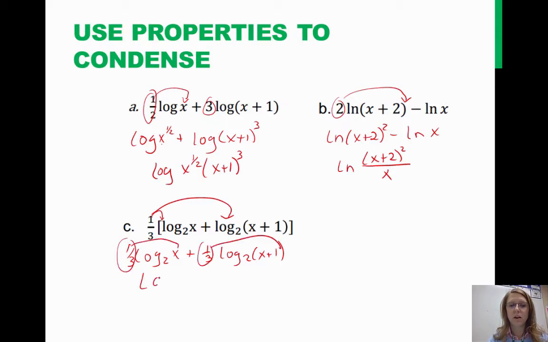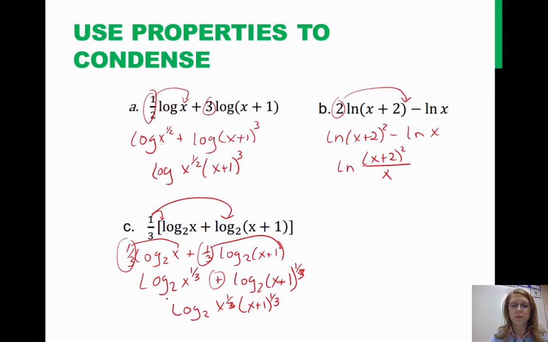So let's do that: log base 2 of x to the 1/3 plus log base 2 of x plus 1 to the 1/3. And because these are being added, I can multiply them. So it'll be log base 2 of x to the 1/3 times x plus 1 to the 1/3. So that is my final answer on that one.